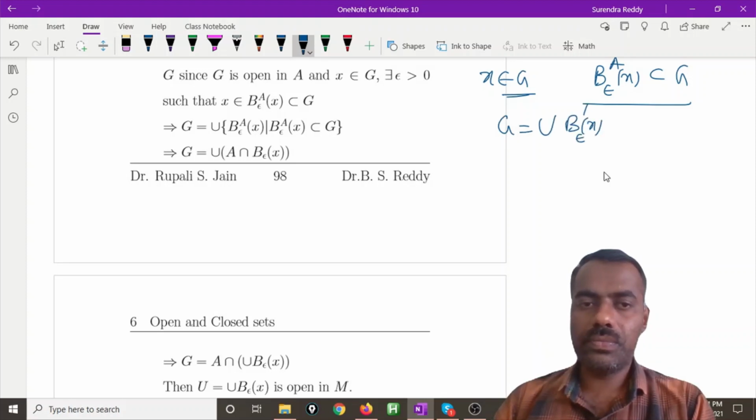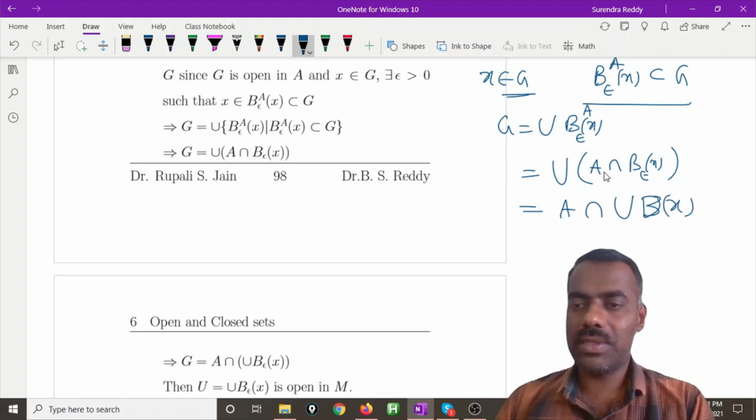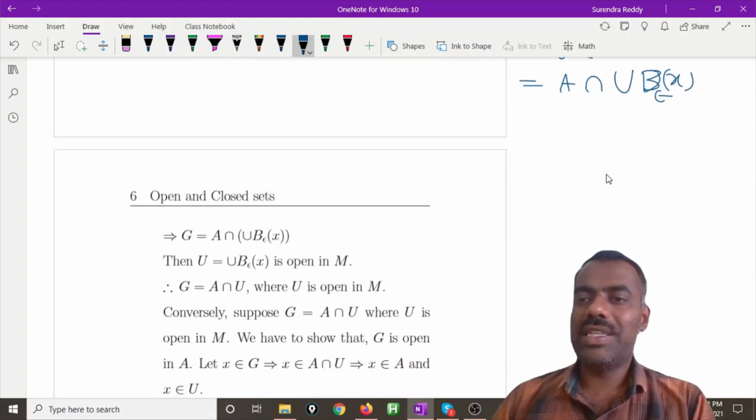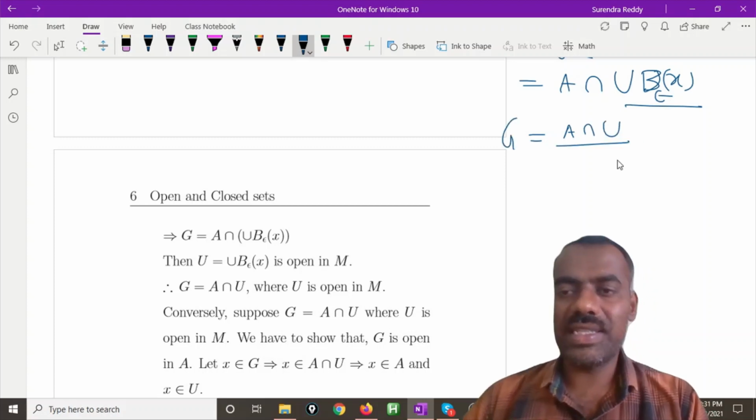This is the same as A intersection B(x, epsilon), and using distributive properties you can write it as A intersection the union of such balls. The union of balls is an open set, so with U being this union, you can write G as A intersection U.